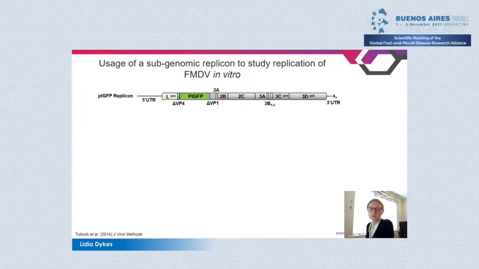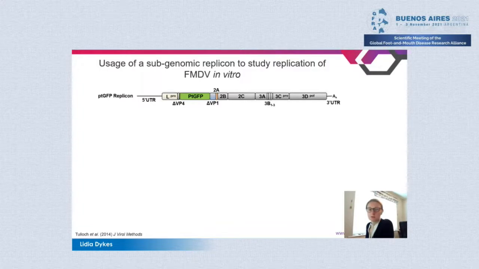To assess function of highly conserved RNA structures within the open reading frame of FMDV, we employed a subgenomic replicon in which the genomic region encoding the capsid proteins was replaced by a reporter gene encoding green fluorescent protein, GFP.